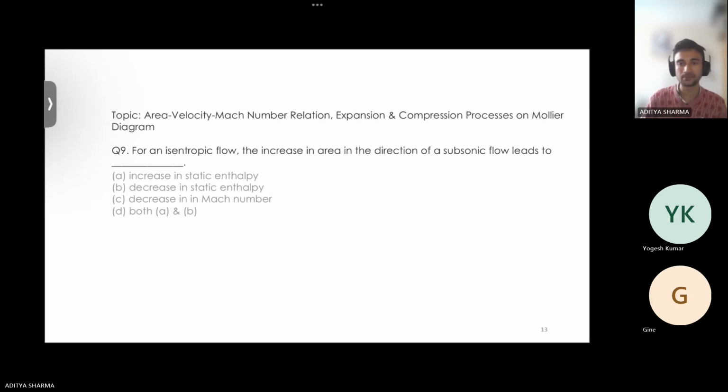So D option. Okay. Yogesh says D option. What does Ginny say?